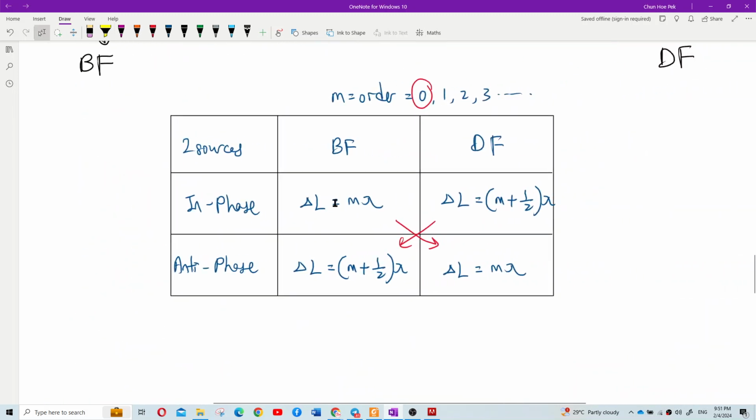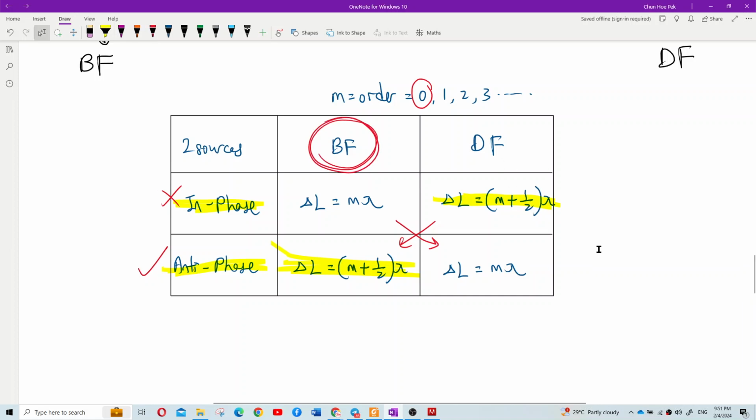If in phase, delta L equal to M plus half lambda is for dark fringe. But now you use anti-phase, not in phase. So what should M plus half lambda produce? Bright fringe, not dark fringe.